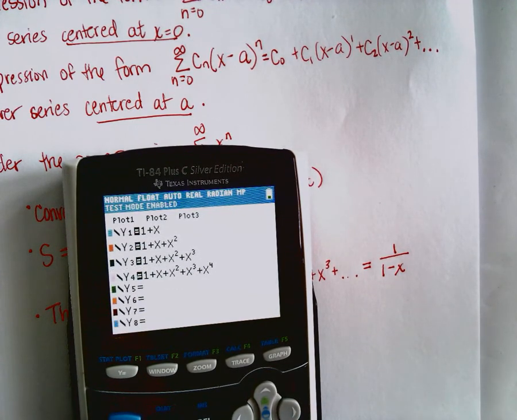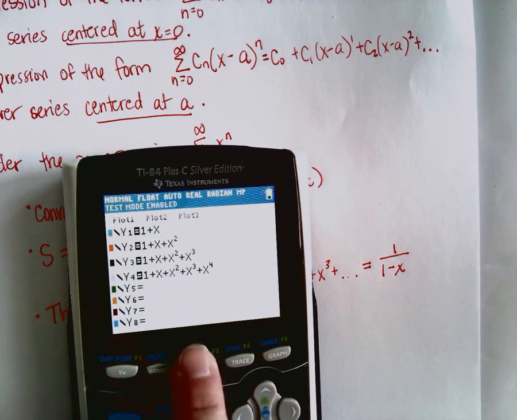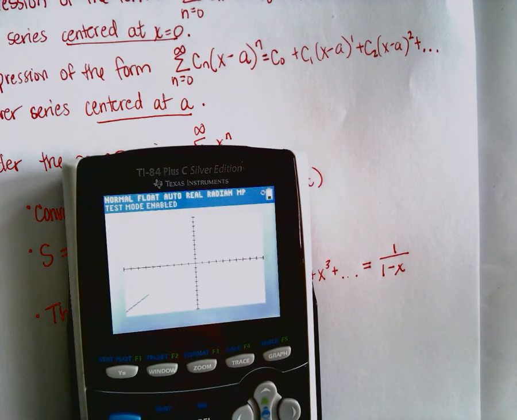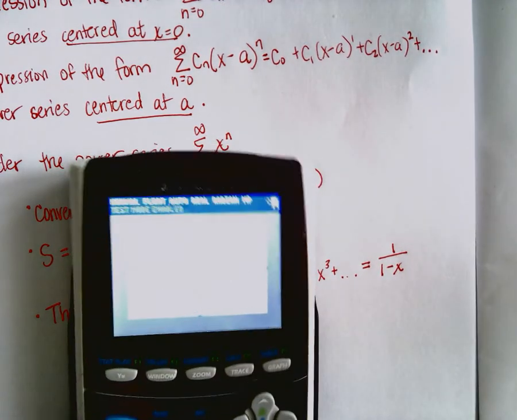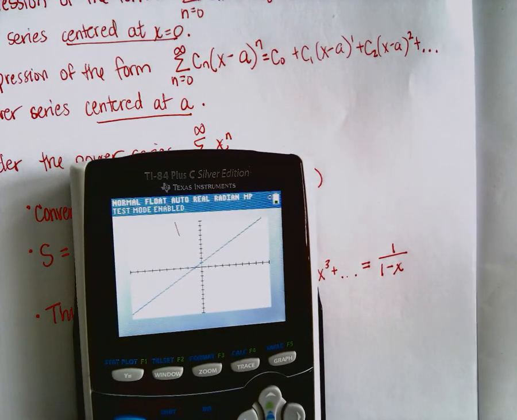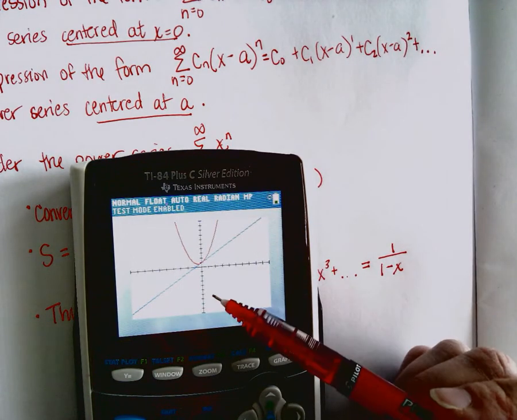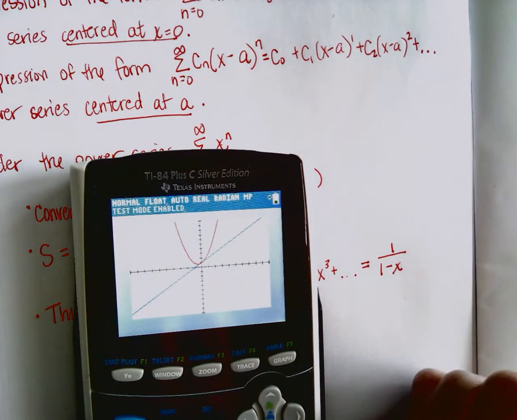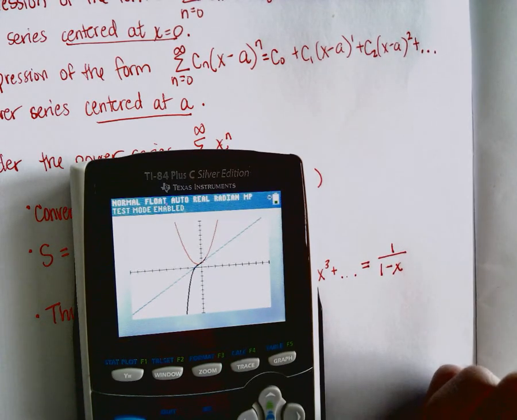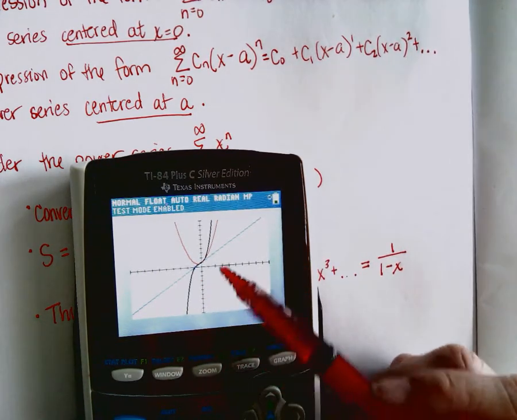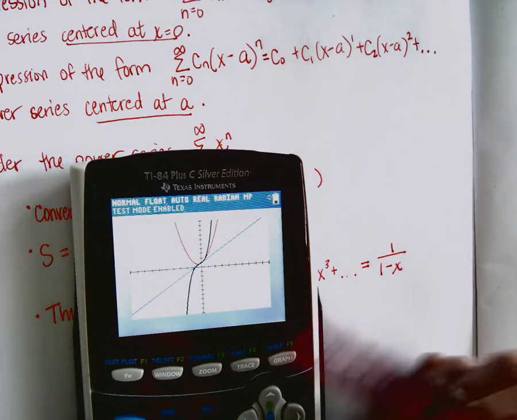Okay, so let's zoom 6, look at this so far. So 1 plus x is obviously just going to be a straight line, right? We would call that the first degree polynomial. 1 plus x plus x squared is a parabola. We're thinking so far probably those don't look like 1 over 1 minus x. The next one looks like a cubic, because it goes up to x cubed.